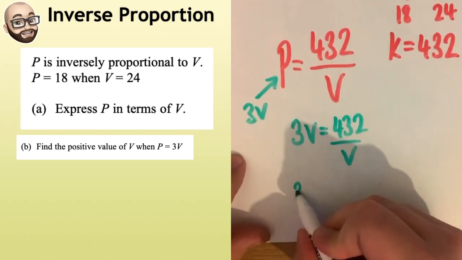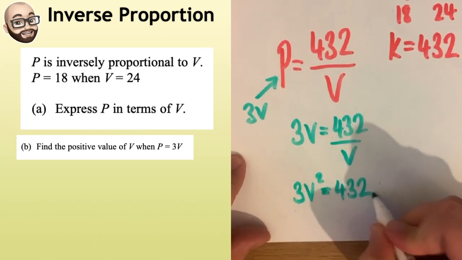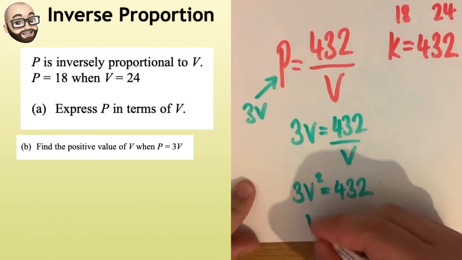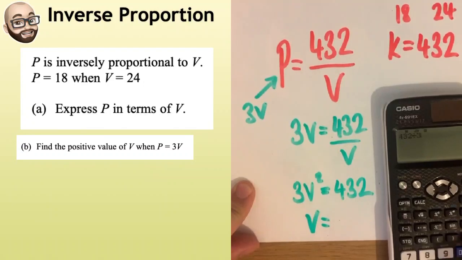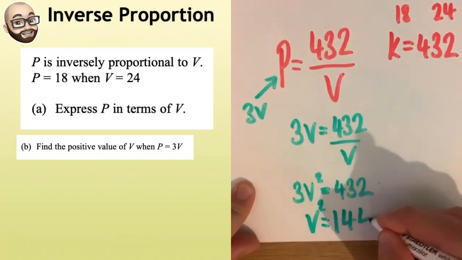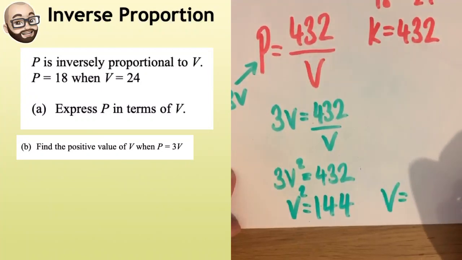That means we'd get 3V squared equals 432. We can now divide both sides by 3, so V squared is going to equal 144. We need to square root that, and we do get positive and negative 12, but it says just give the positive answer. So the answer for that one would just be 12.